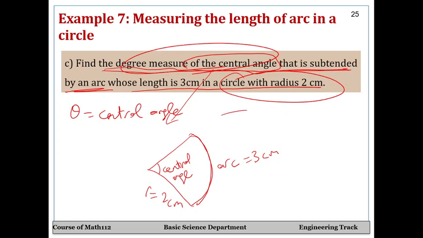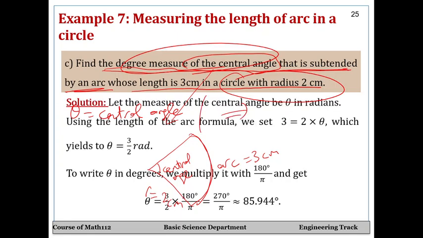Now we can use the formula. The relation between central angle, arc, and the radius is S, the arc, is equal to theta times R. So the arc is 3 centimeters, theta we don't know yet, this is the central angle, and R is 2 centimeters. So then you can calculate it's 3/2.